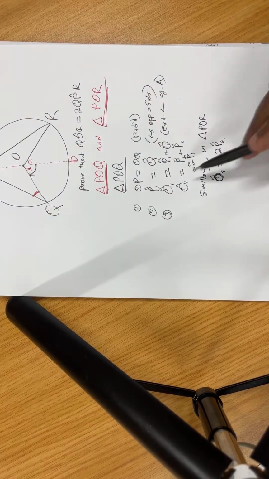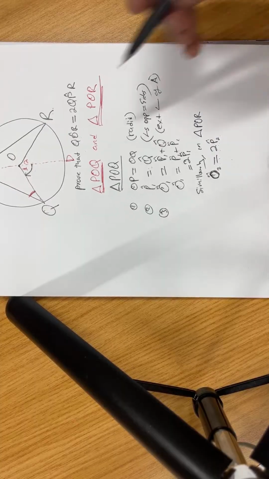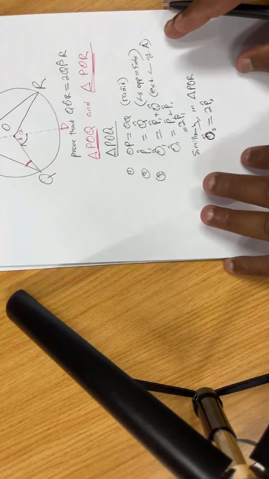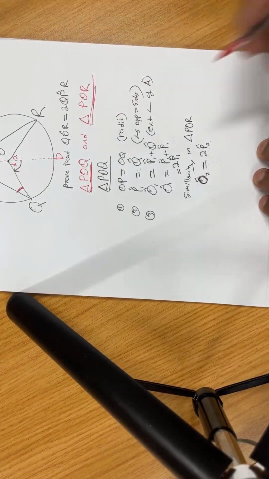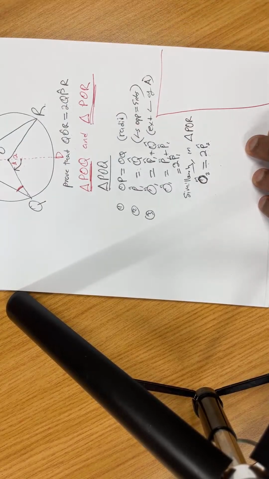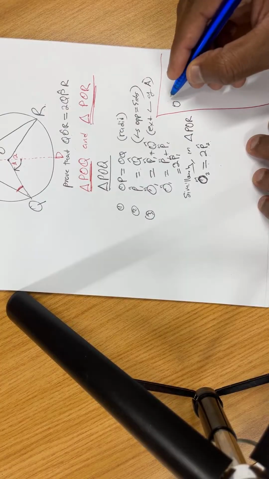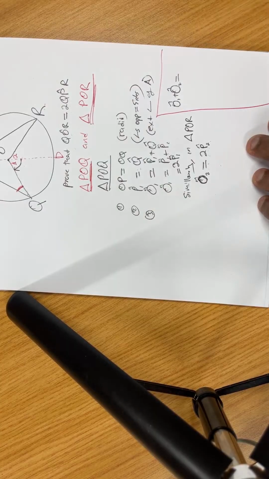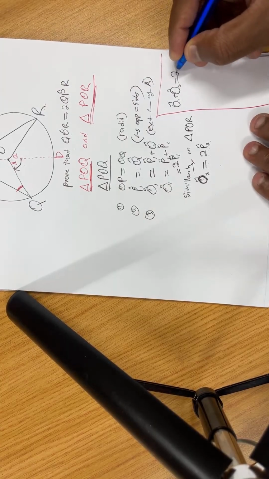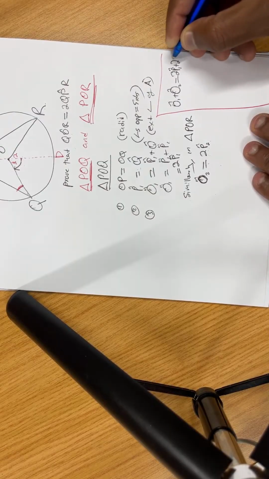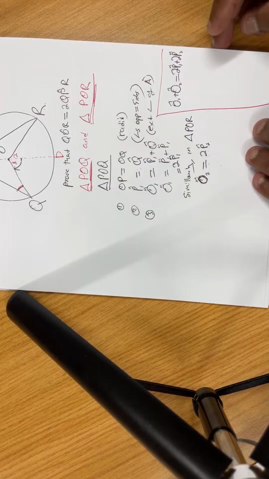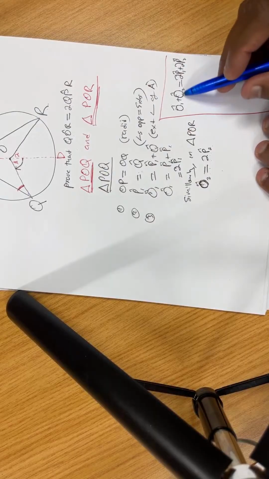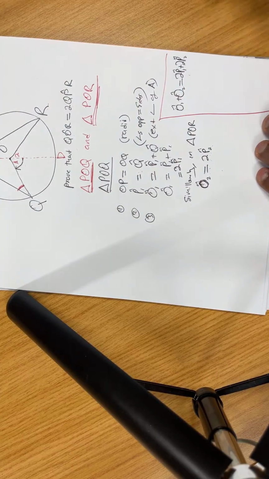And then now we know that angle O1 plus angle O2 is equal to 2P1 plus 2P2.